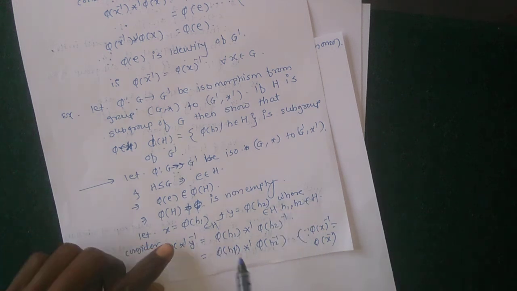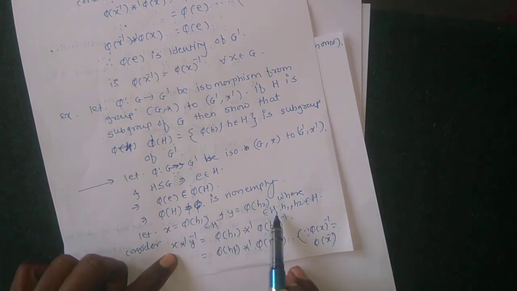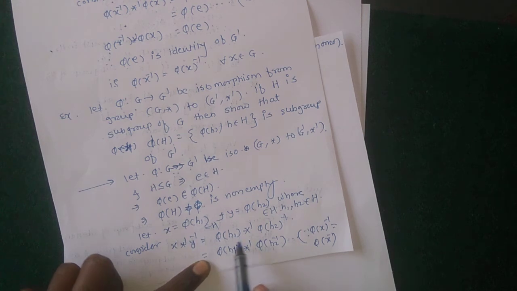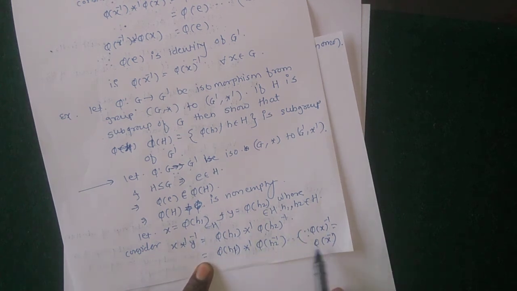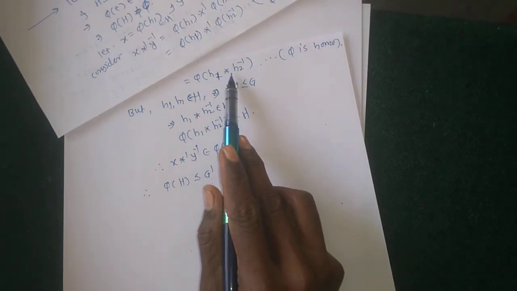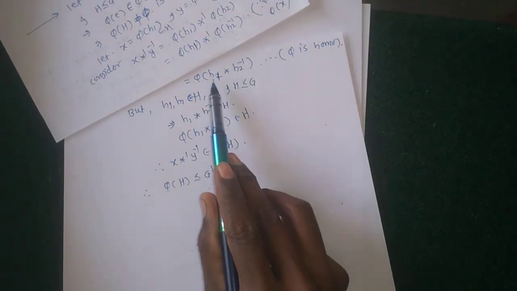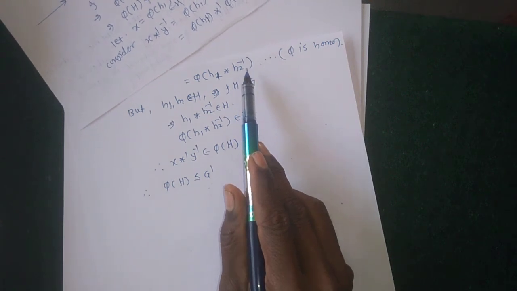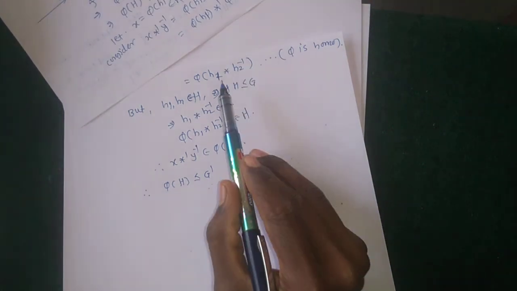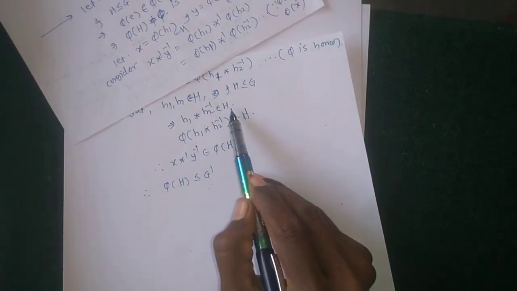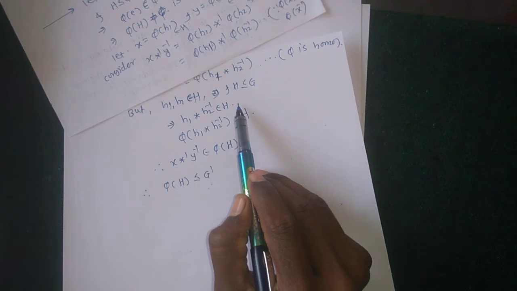Choosing two elements of phi of H, with H1 and H2 in H, and applying the binary operation, we get phi of H1 star H2 inverse. But H1 and H2 are elements of H, and H is a subgroup of G with respect to star, so H1 star H2 inverse also belongs to H.